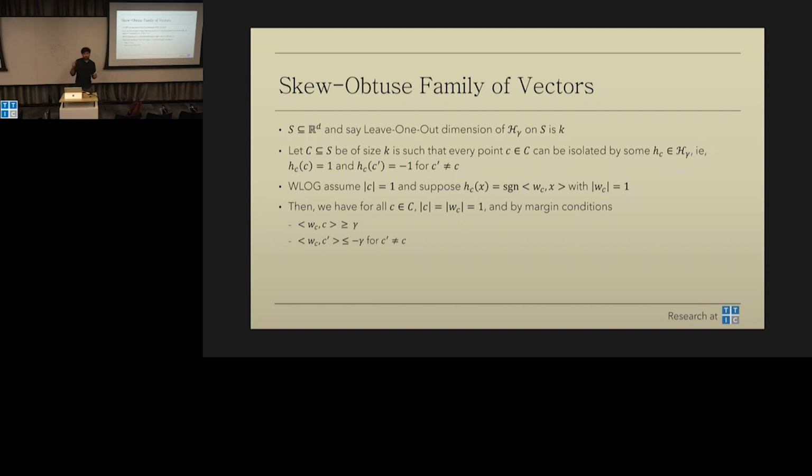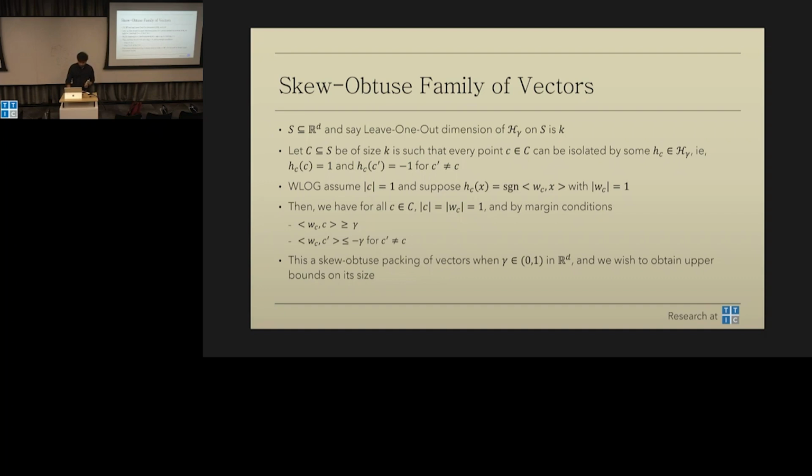And the other points are labeled as -1, so the inner product of w_c and c prime, if c prime is not c, would be at most minus gamma, because it is supposed to classify c prime as -1. That means it's giving a negative value, but also doing so with a large angle margin. Those two things force this condition, and so this becomes a skew obtuse packing of vectors.